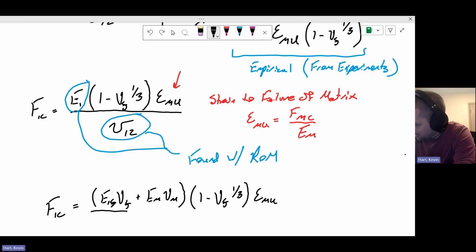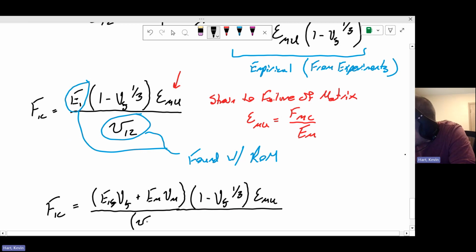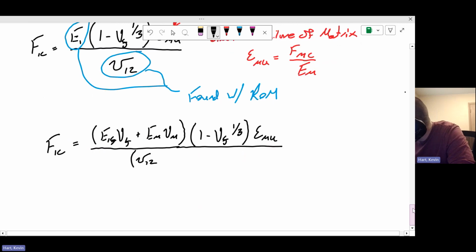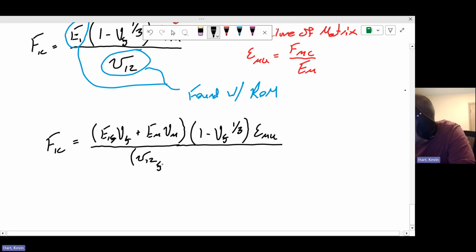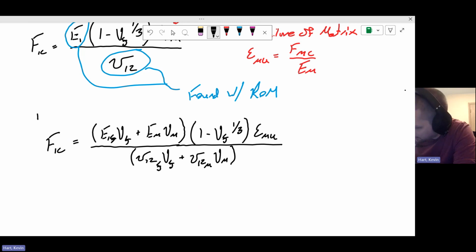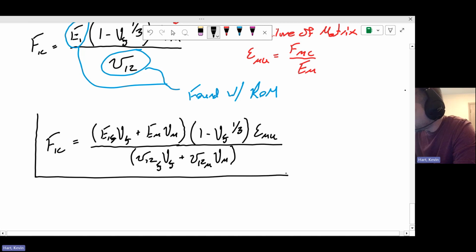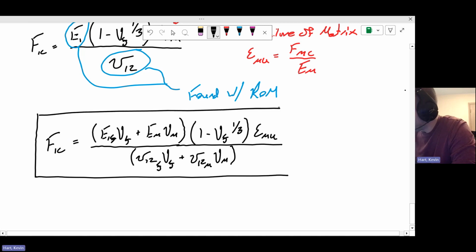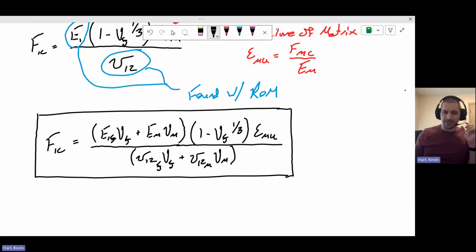And then this is all divided by the Poisson's ratio, nu 1, 2, which can also be found using rule of mixtures. So here this is going to be nu 1, 2 of the fiber times the fiber volume fraction, plus nu 1, 2 of the matrix times the volume fraction of the matrix. And this is your prediction for the strength in the one direction in compression if this thing might fail in transverse tension from Poisson effect. Very, very wild stuff going on here.